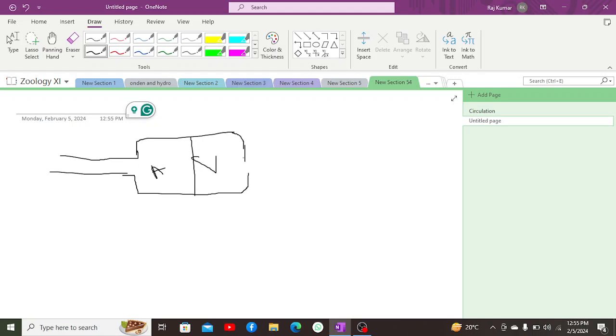When blood comes into the auricle through the sinus venosus, upon the contraction of the auricle it goes into the ventricle, and upon the contraction of the ventricle it is taken outside into a blood vessel known as conus arteriosus, or bulbous arteriosus.